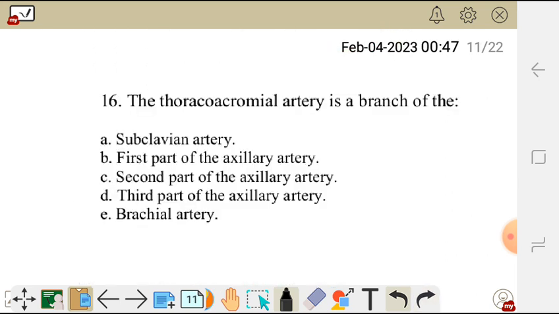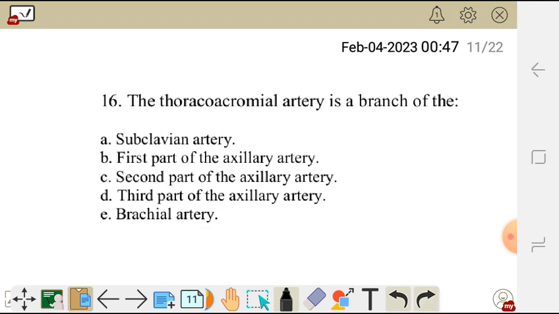Question 16 reads, the thoracoacromial artery is a branch of the A, subclavian artery, B, first part of the axillary artery, C, second part of the axillary artery, D, third part of the axillary artery, and E, brachial artery.